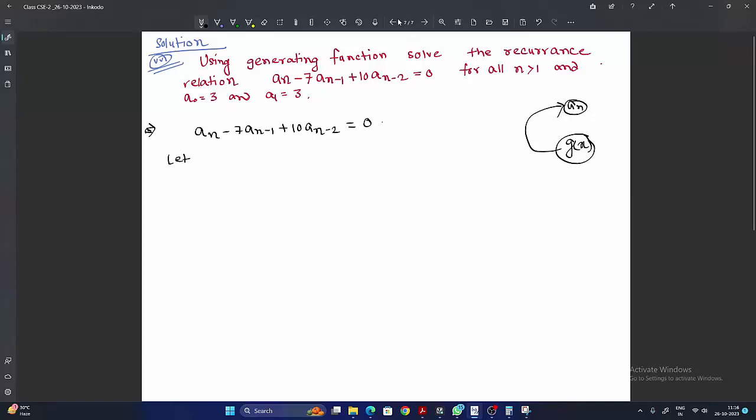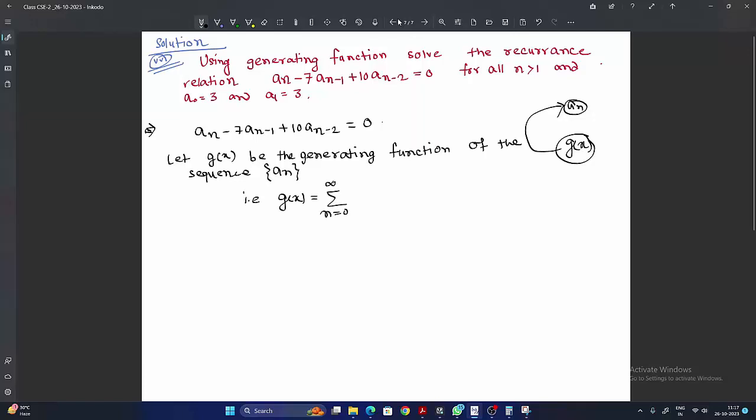And let g(x) be the generating function of the sequence a_n, that is, g(x) is equal to the sum over n equals 0 to infinity of a_n x to the power n, because a_n is the sequence.